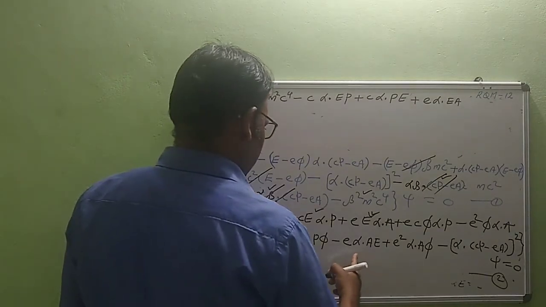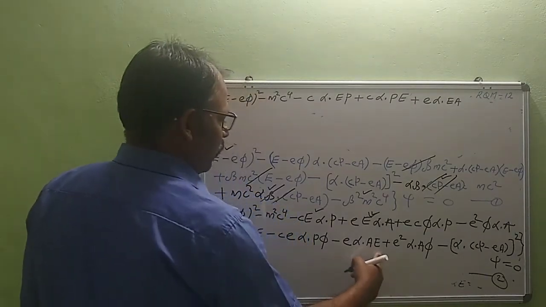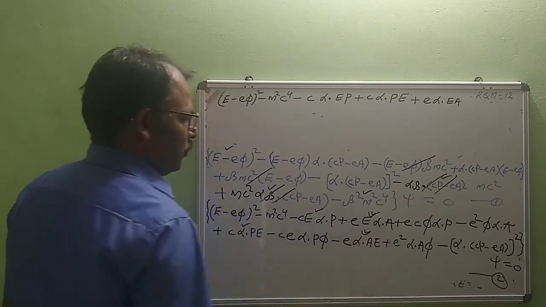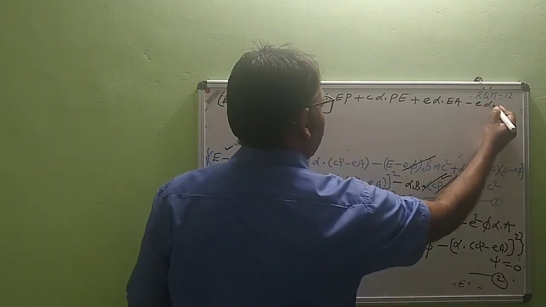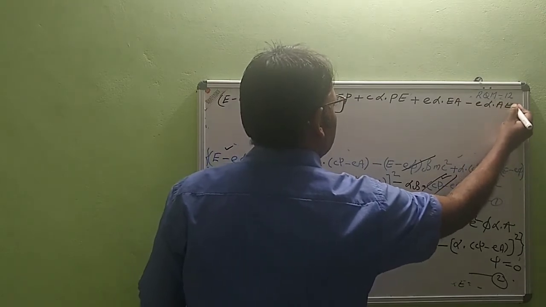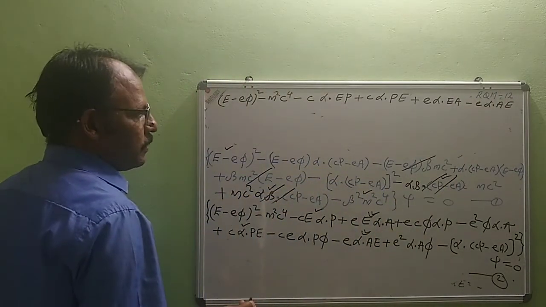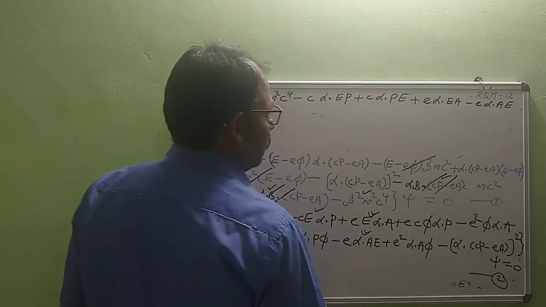Now the identical term alpha dot AE: here this term is minus C alpha dot AE.